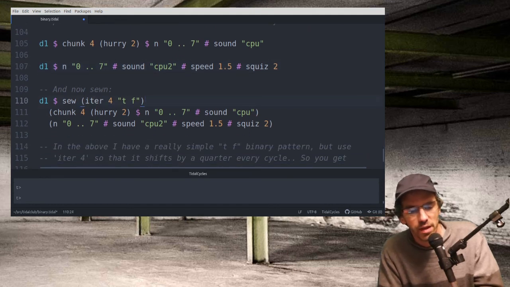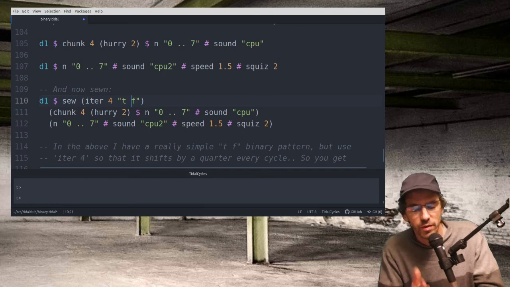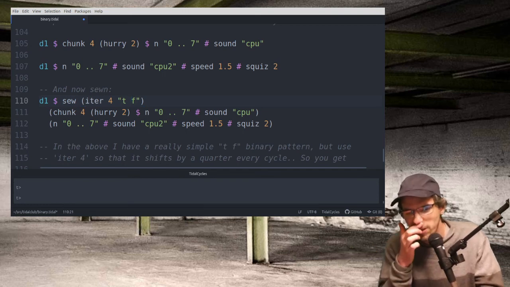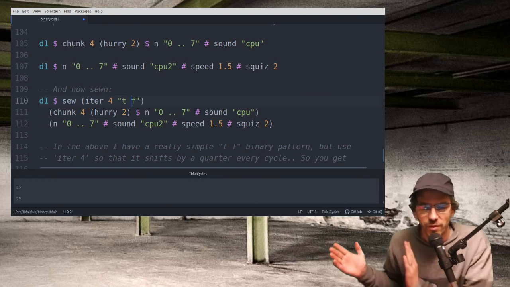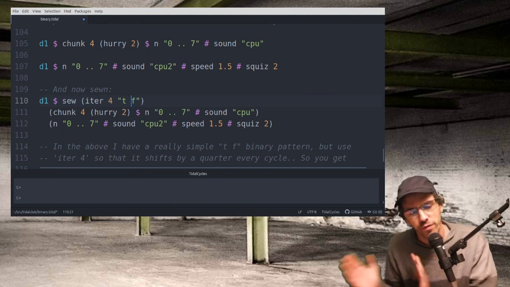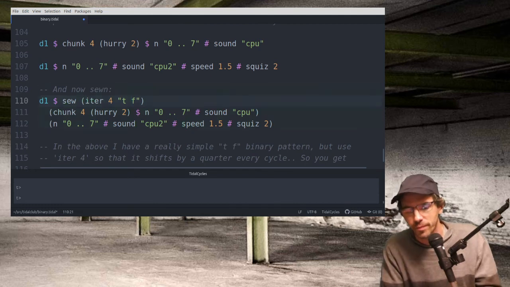And now sew them together. So here I've got just true and false, skipping between those. But I'm actually using iter 4 on that. So that true and false is shifting by a quarter of a cycle every cycle.